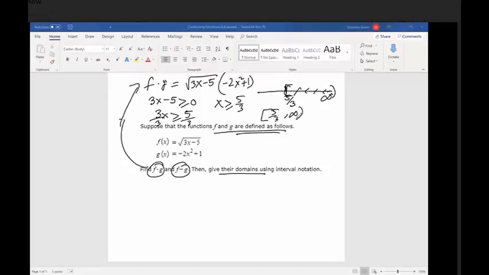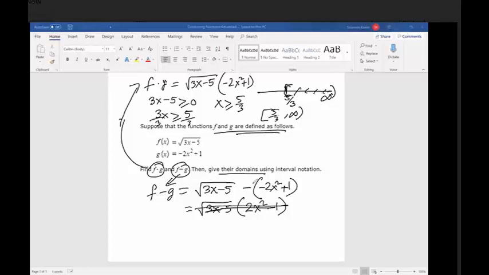Now let's look at subtraction. F minus g: if we are doing this one, function f is the square root of 3x minus 5, then minus g, which is negative 2x squared plus 1. There is nothing to simplify, we can just distribute the negative 1.